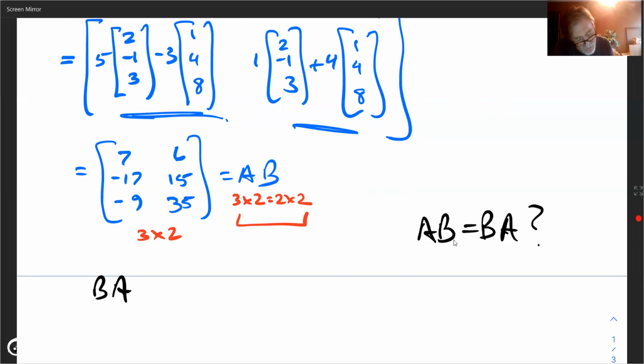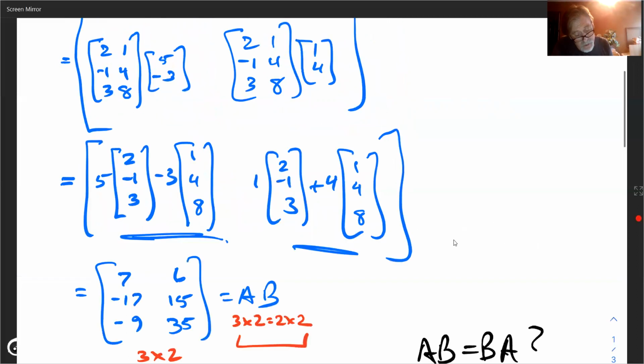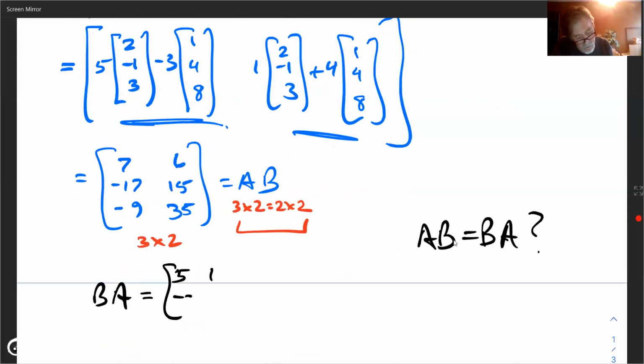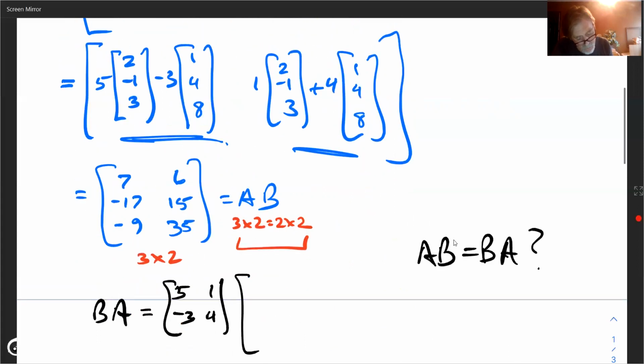But this guy, if you try to do it, what you're going to have is that 2 by 2 guy, which is 5, 1, negative 3, 4. And then he's going to multiply with A, which is these guys, 2, negative 1, 3, and 1, 4. You can't multiply. Because look, this is a 2 by 2, but over here is a 3 by 2.